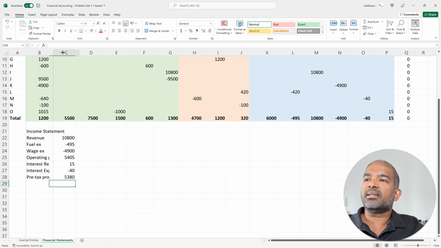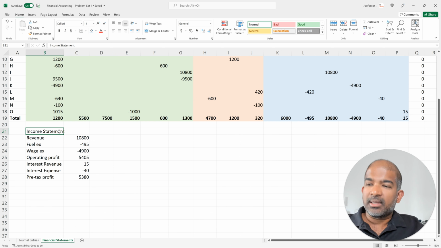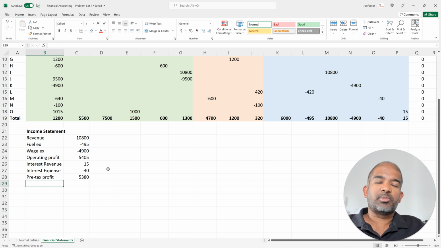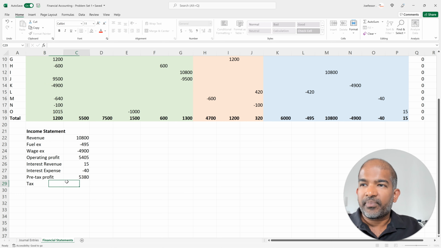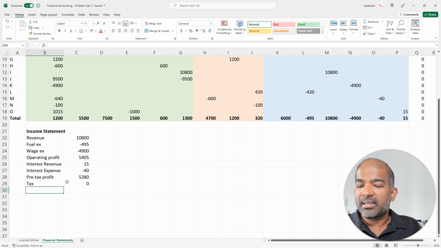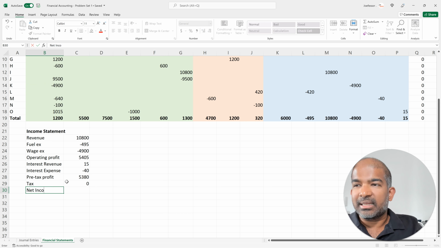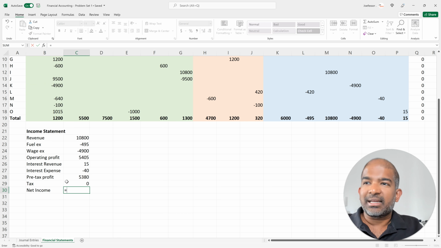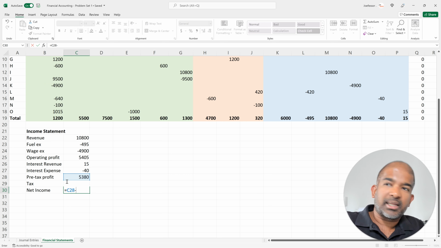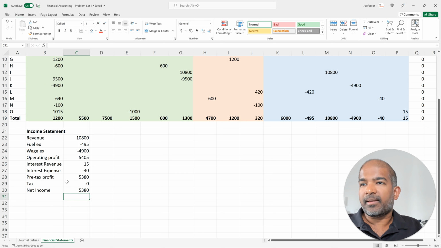I'm going to drag that column a bit here. So that's my income statement. Because in this exercise I've not provided you any tax information, you can consider the total tax is 0, and that becomes your net income. The net income is the after-tax profit, so it's that minus your taxation.